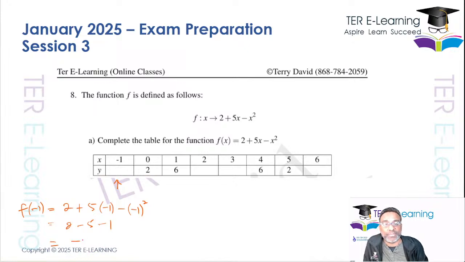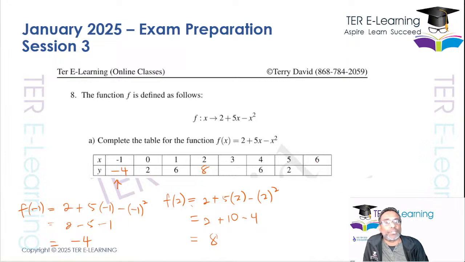Minus 3 minus 1 is minus 4. Then we need to work out f of 2. So this is going to be 2 plus 5 2s are 10 minus 4. So 10 minus 4 is 6, and 2, this is going to be 8.